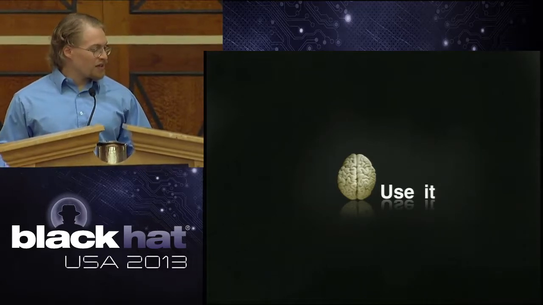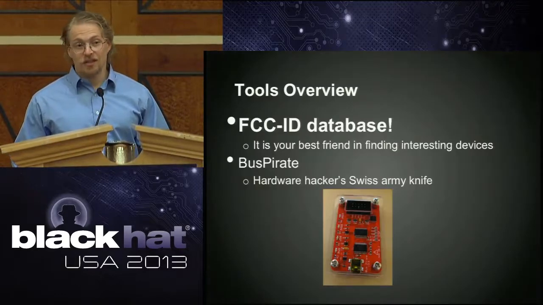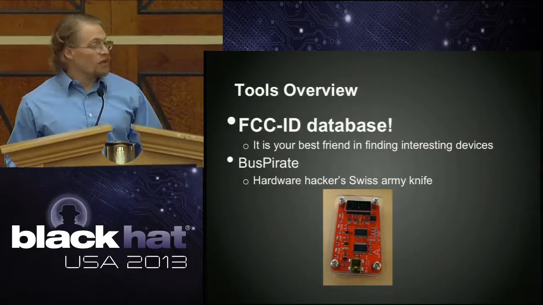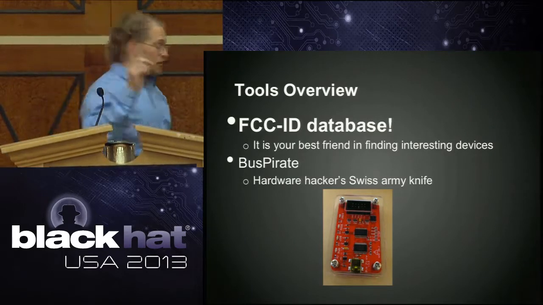You'll have to trust us, or you could, on your own device right now, pull up the FCC ID database, and we can give you an example of what an FCC ID looks like. You can find them on the bottom of a device.